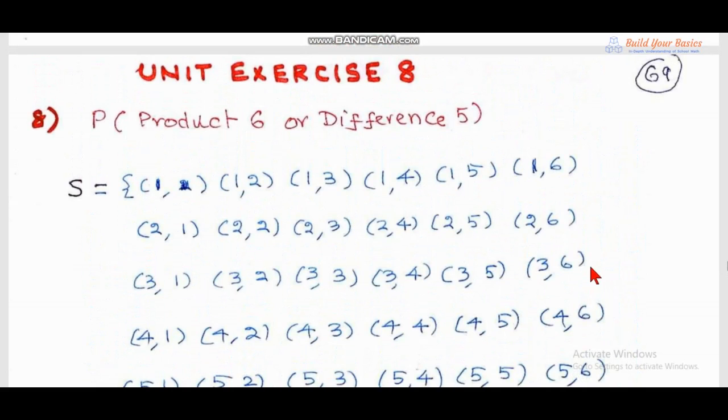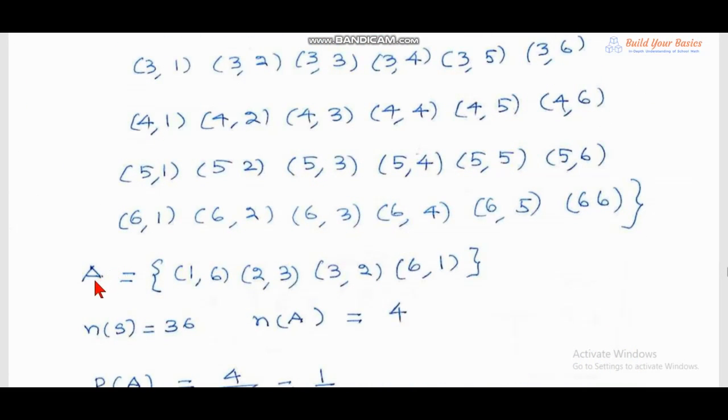Now we want the probability of the event of getting product of face values 6 or difference of face values 5. That event A may be described as 1 6, product is 6, 2 3, product of face values 6, 3 2, product of face values 6, 6 1, product of face values 6.